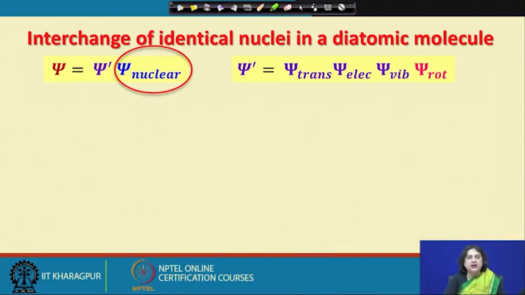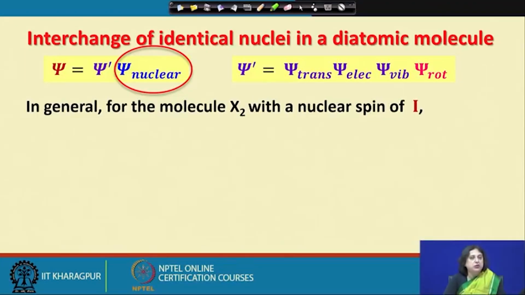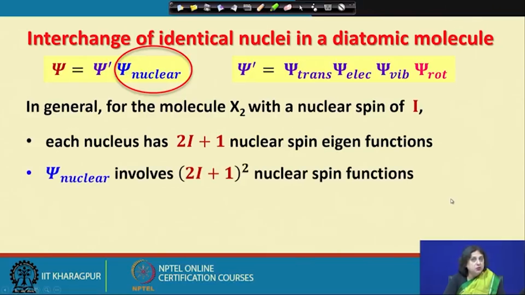Now, this is valid only for the hydrogen molecule. So, let us see what happens for a general homonuclear diatomic molecule, which I will call X2. For the molecule X2, if the nuclear spin on each nucleus is I, each nucleus will have 2I plus 1 nuclear spin eigenfunctions, and psi nuclear will involve 2I plus 1 nuclear spin functions.